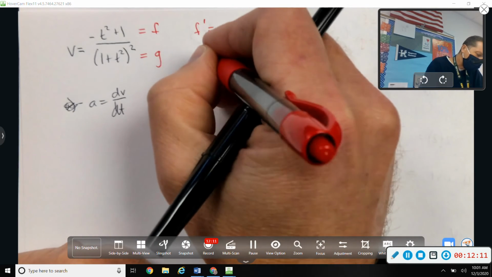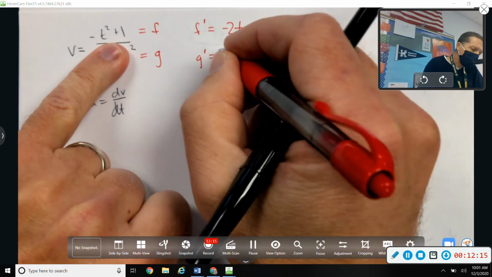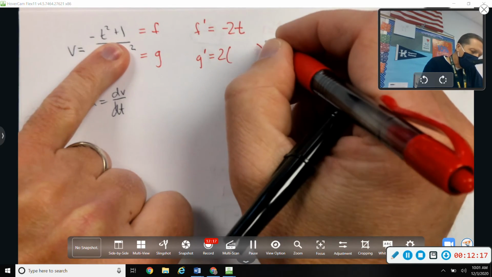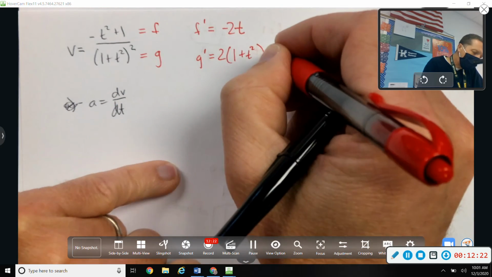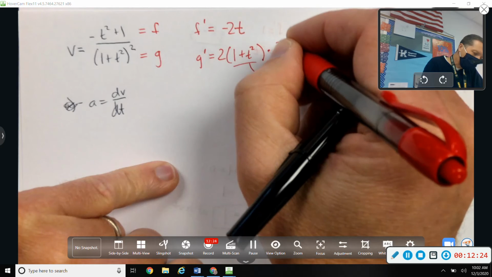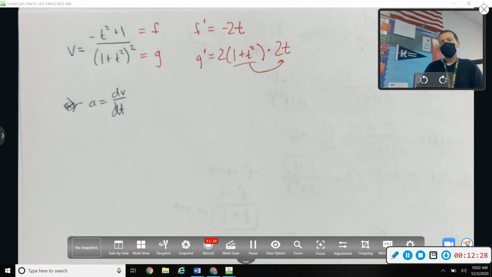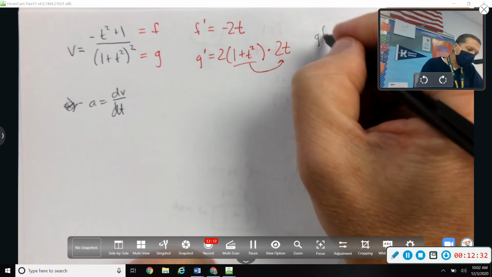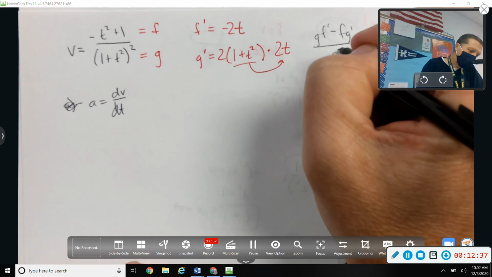Derivative of the bottom, so we got power rule, so 2 times whatever's in there to the first, chain rule times 2t. And then we got to put it all together: gf prime minus fg prime all over g squared.